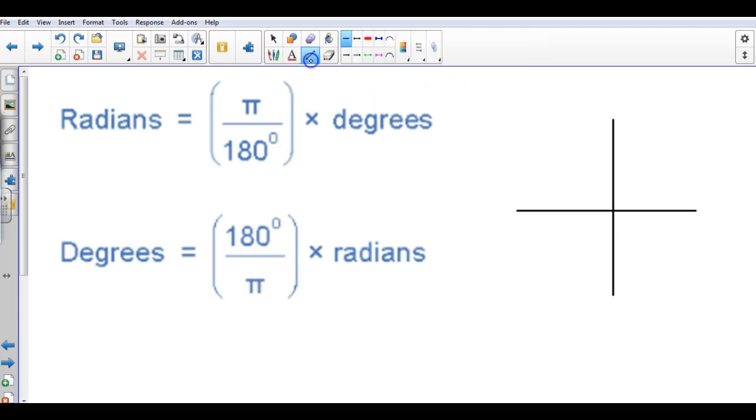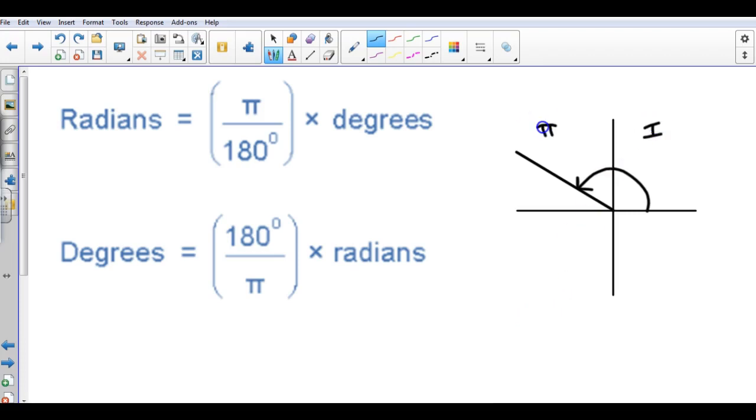The other thing that we're going to talk about is something called a coterminal angle and a reference angle. So I'm going to sketch out where 135 degrees would be. This is roughly 135 degrees. If I label my quadrants, this is quadrant 1, quadrant 2, quadrant 3, and quadrant 4.